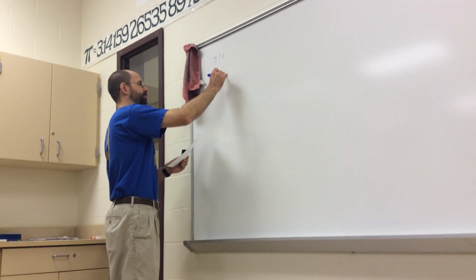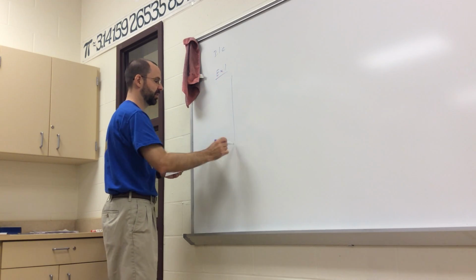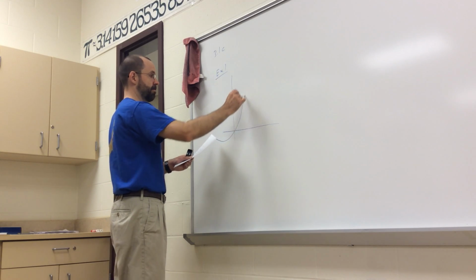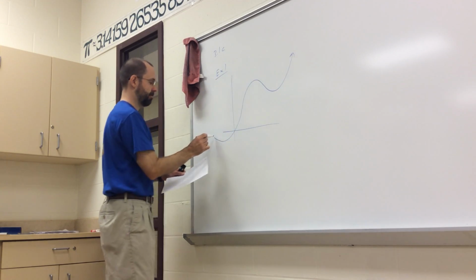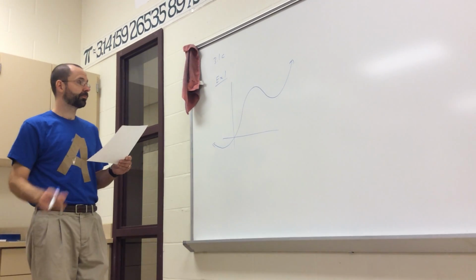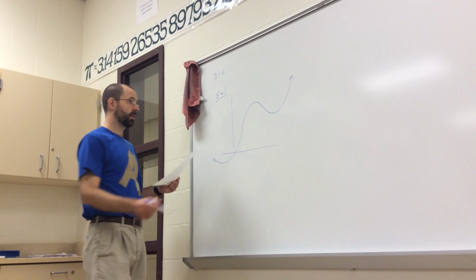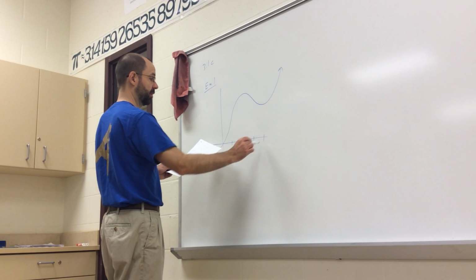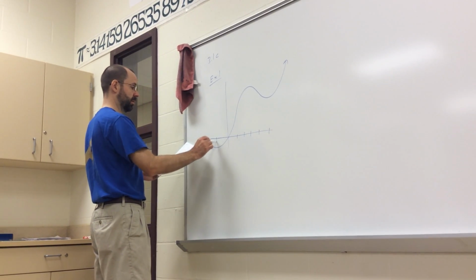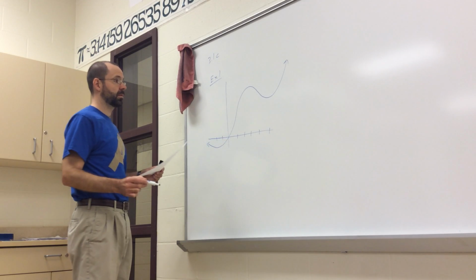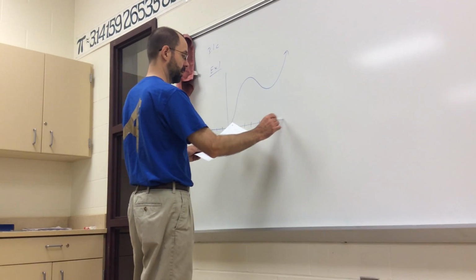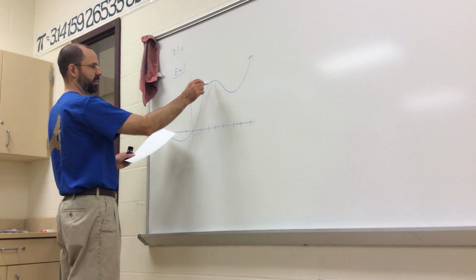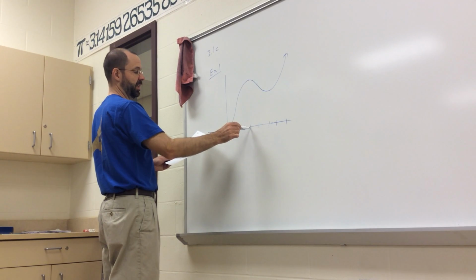So for example 1, I'm just going to draw a graph that I'm calling f of x. And let's see here, get some points here. So I want this highest point here to be at 3.